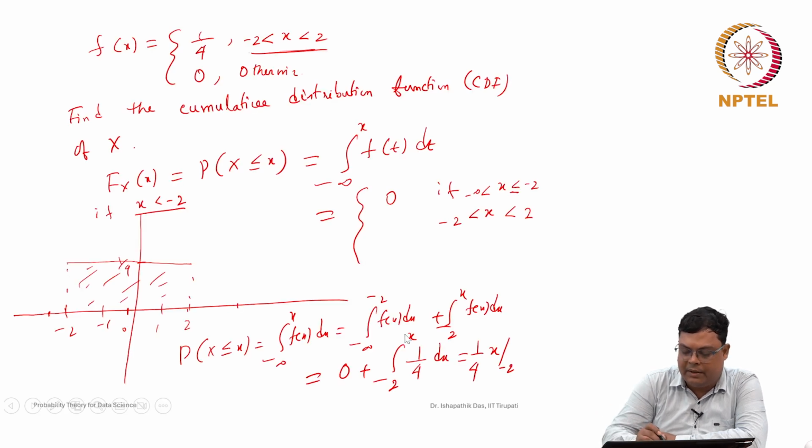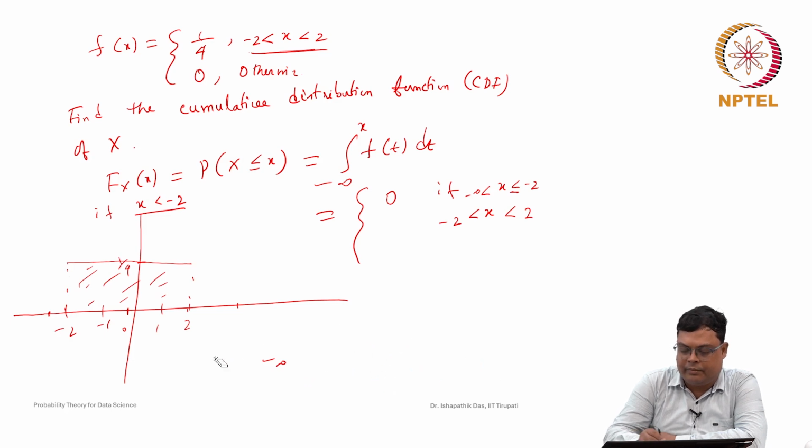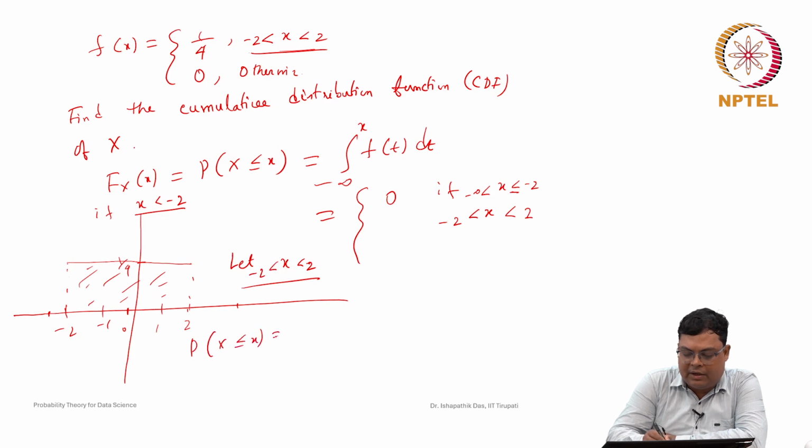Let us do this again because of the space issue. Here we want to find, suppose x is between minus 2 and 2. Then what is the probability that X is less than or equal to x?